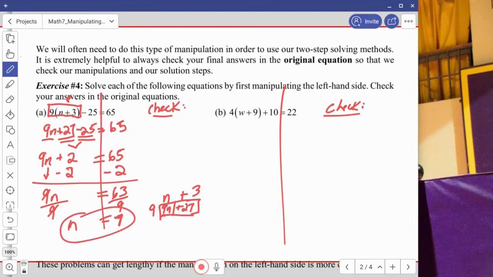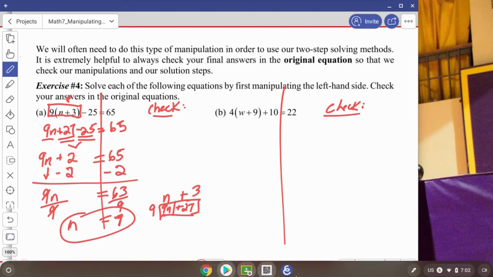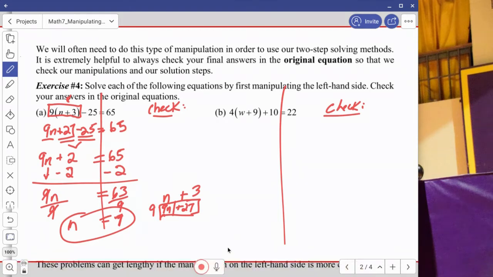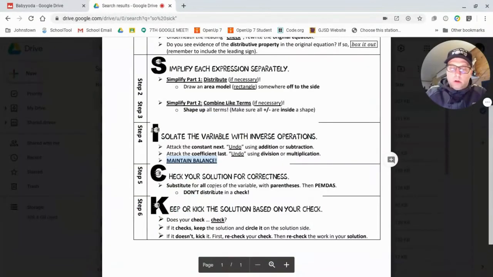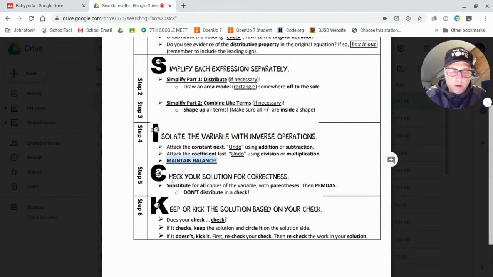All right, so at this point, we believe our solution is n equals 7. On our SOSIC chart, here's where we are. We're on step 5. We're going to check our solution for correctness. And it says to substitute for all copies of the variable with parentheses, then use PEMDAS.